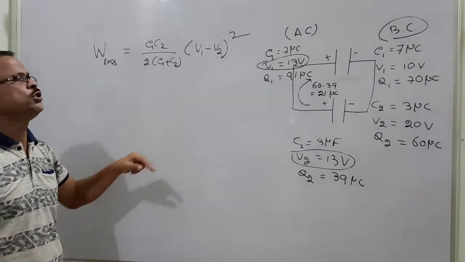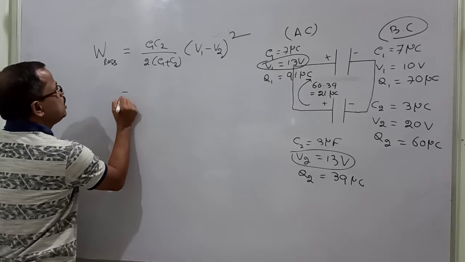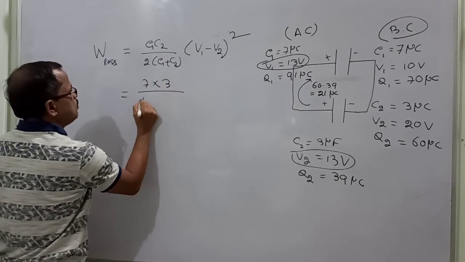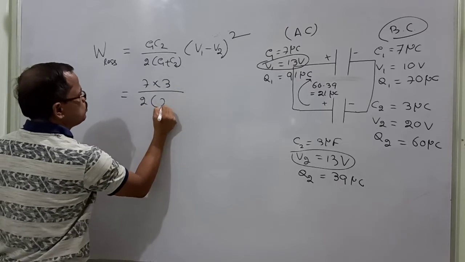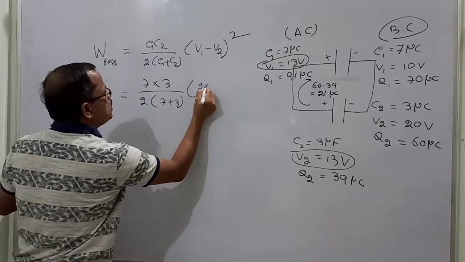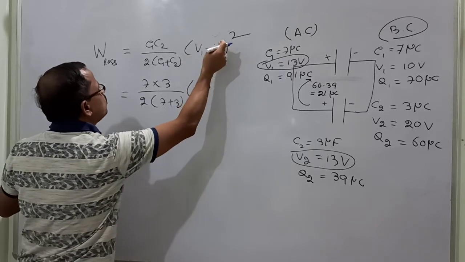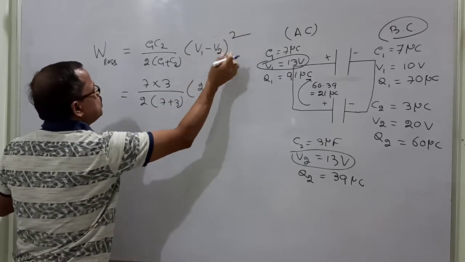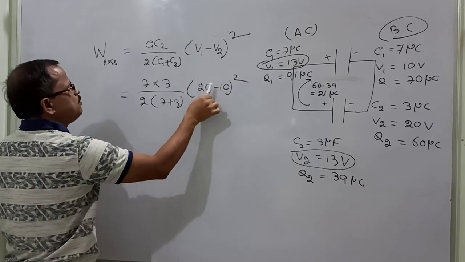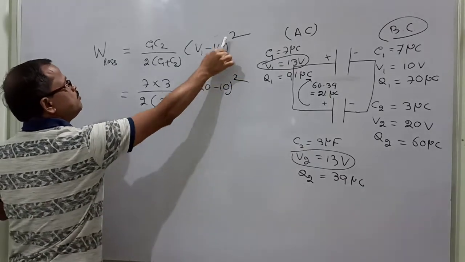The amount of energy loss is equal to how much? C1 C2, so C1 is 7, C2 is equal to 3, divided by 2 into C1 plus C2, 7 plus 3, and V1 is 20, the higher potential, minus the lower potential. This is squared, so always take 20 minus 10 whole square. It does not matter whether 20 minus 10 or 10 minus 20, because it is squared.